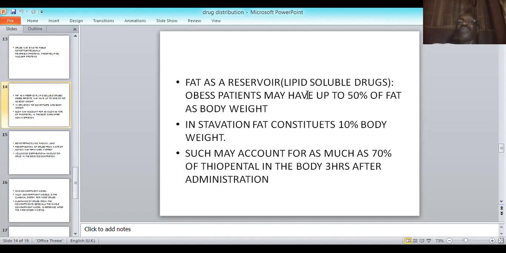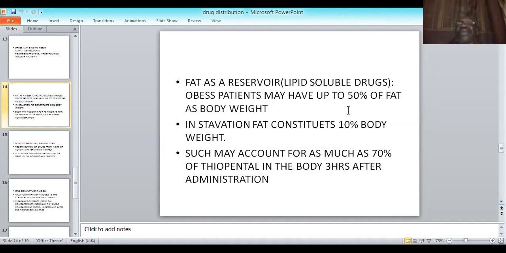So if an obese patient that has up to 50% of fat as body weight takes a highly lipid-soluble drug, you can be sure that up to 50% of that drug will be partitioned into the fat cells in the body. And so it means 50% of the drug will be free, that is, unbound to exert its pharmacological action.